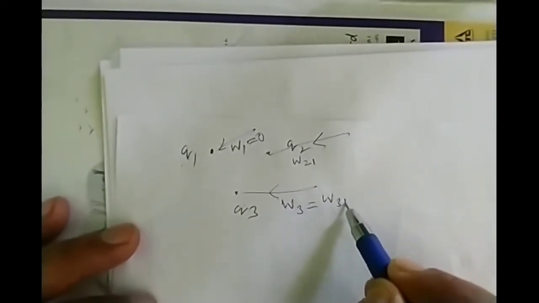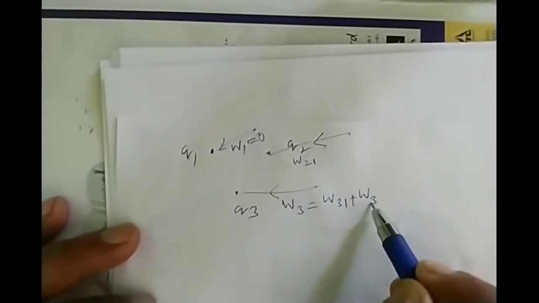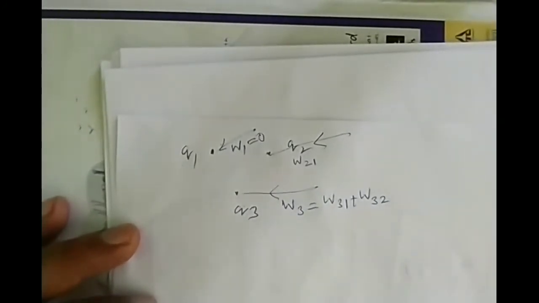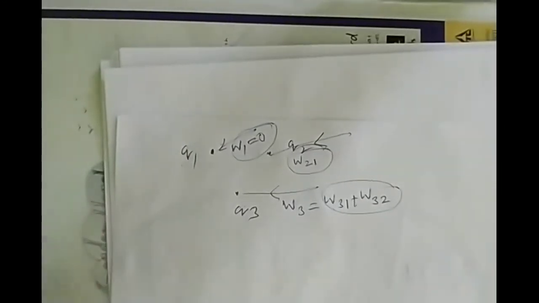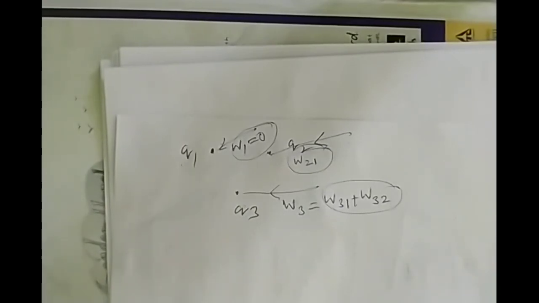So the work done to bring the third charge is the work against the first one plus the work against the second one. We'll calculate W1, which is already 0, W2, and W3 as 3.1 and 3.2, and we add all these work done, which gives you the potential energy of the system of 3 charges.